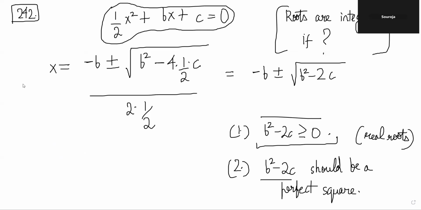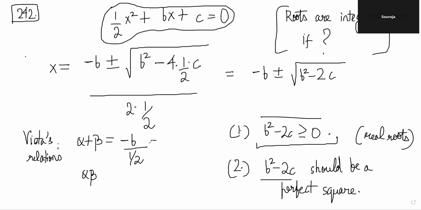The reason is we can also use Vieta's relations. So what is Vieta's relations? Sum of the roots and product of the roots, right? Sum of the roots is minus b over a, so this will be minus b over half, right?